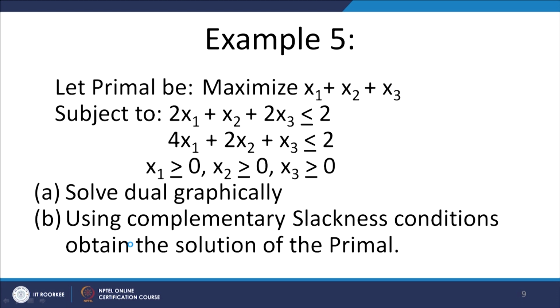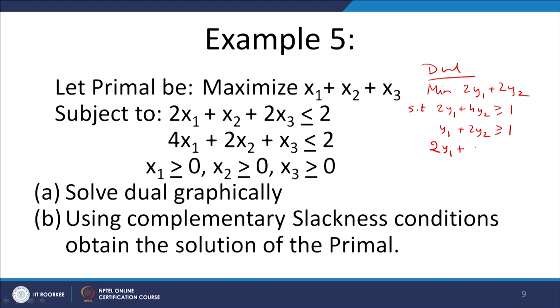Now, as you can see the dual of this problem will be minimization of 2y1 plus 2y2 subject to 2y1 plus 4y2 greater than or equal to 1, y1 plus 2y2 greater than or equal to 1, and the third constraint will be 2y1 plus y2 greater than or equal to 1, y1 and y2 should be both greater than or equal to 0.